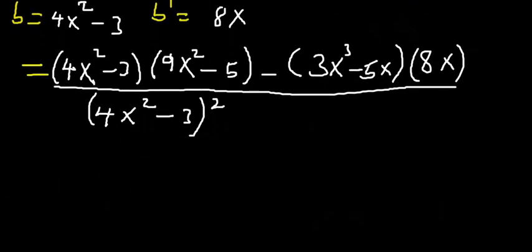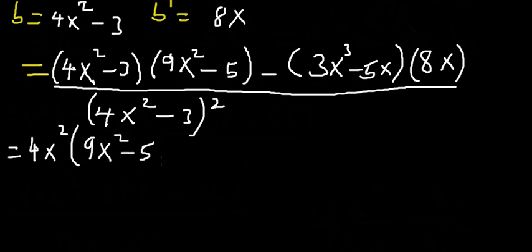So in the numerator, we are going to open this bracket. So in the numerator, we are going to have 4x squared. We multiply by this other bracket, 9x squared minus 5, and then minus 3 multiplied by 9x squared minus 5.